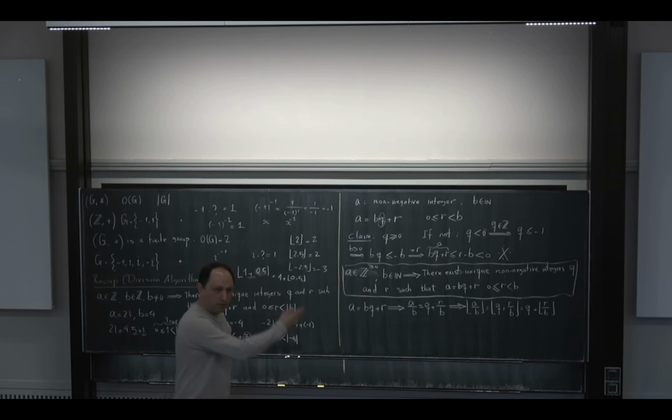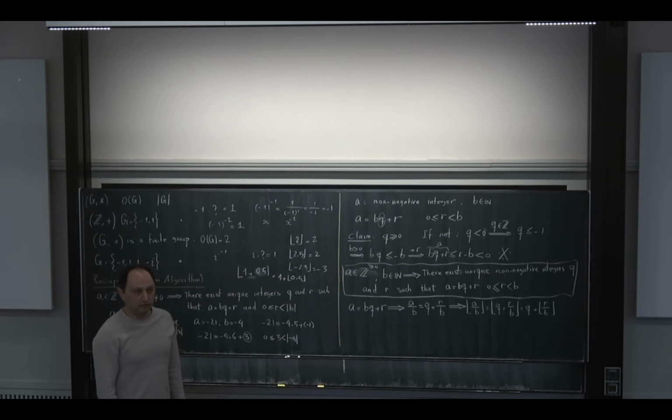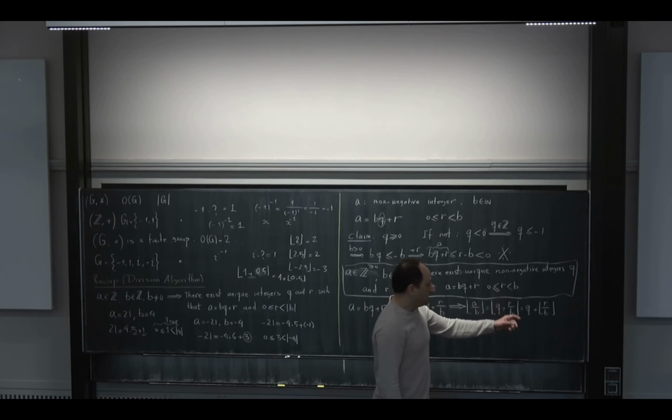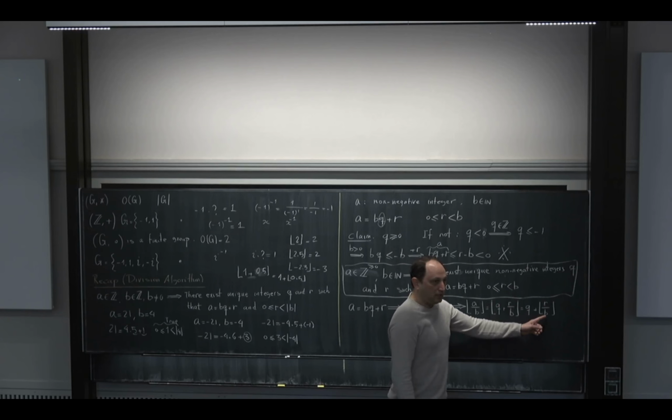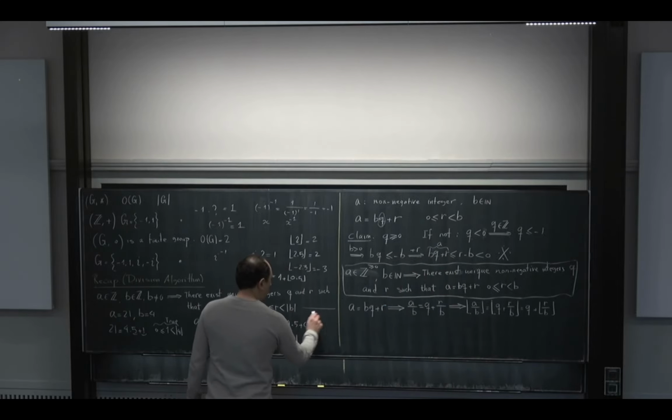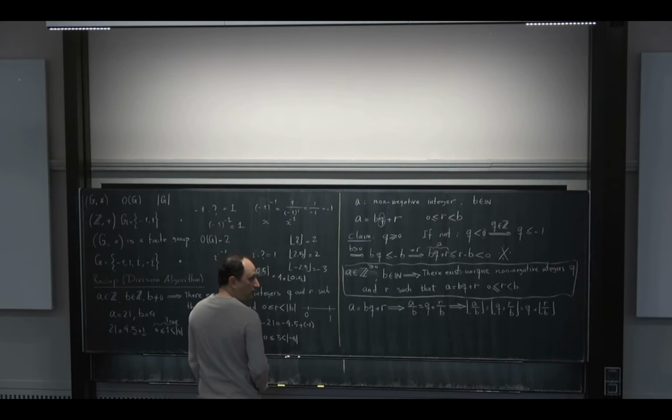But can you tell me what is the floor of R over B? Yes? It's always 0, because R is strictly less than B. So when I divide R by B, on the one hand it is non-negative, but on the other hand it is strictly less than 1. So if here is 0, if here is 1, R over B lives somewhere here.